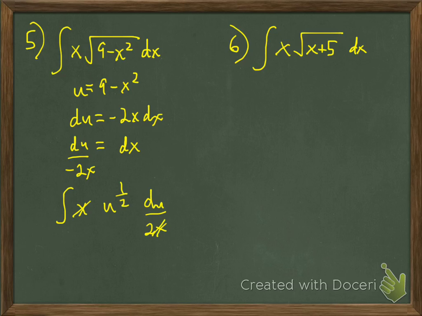X's cancel out. Integrate, bring your 1/2. U to the 3/2. So that's times 2/3. Which means your final answer is 1/3 (x squared plus 1) to the 3/2 plus c.